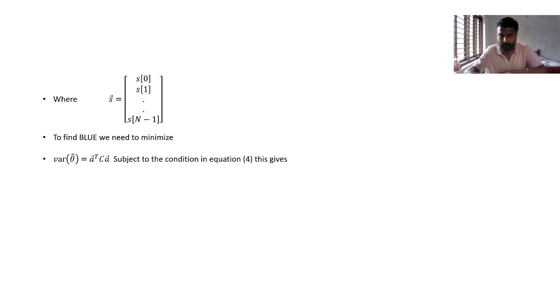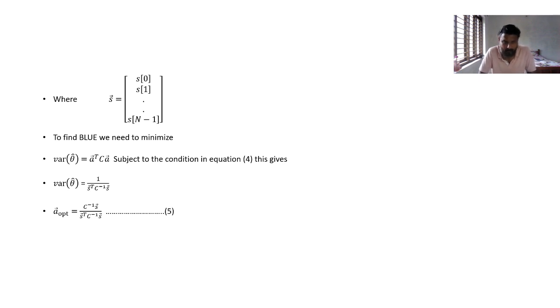This gives the variance of theta cap as 1 by s transpose C inverse s, and the optimum value of vector a is C inverse s divided by s transpose C inverse s. I will call that equation 5.